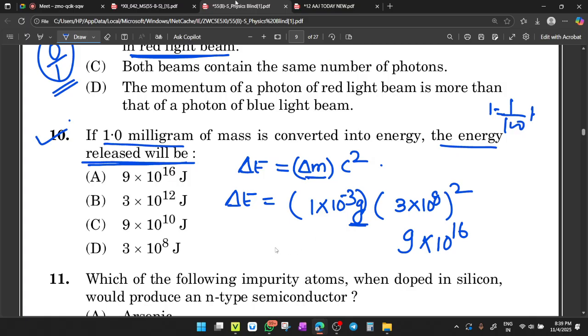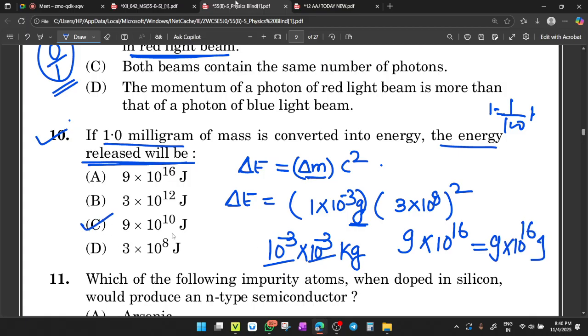So one more 10 to the power minus 3 will be there. Now it is in kilograms and the speed is in meter per second, so we can convert it into joules. 10 to the power minus 3 and 10 to the power minus 3 become 10 to the power minus 6, which cancels with 10 to the power 16. Your answer finally will be 9 into 10 to the power 10 joule. So your answer will be C.